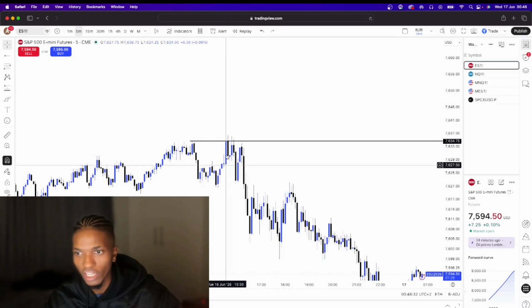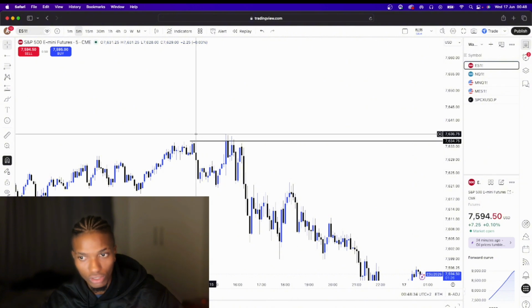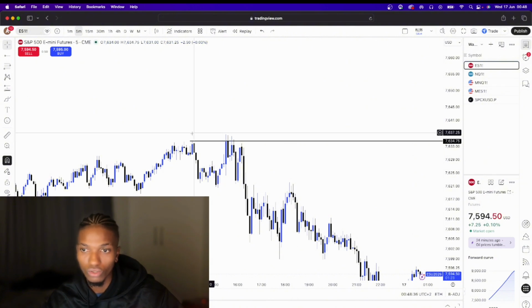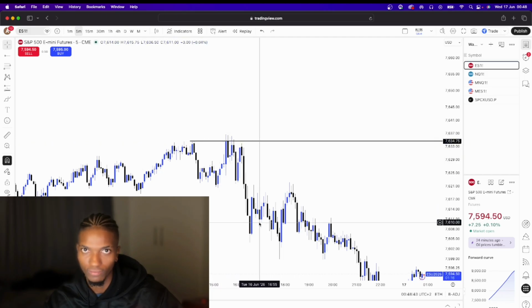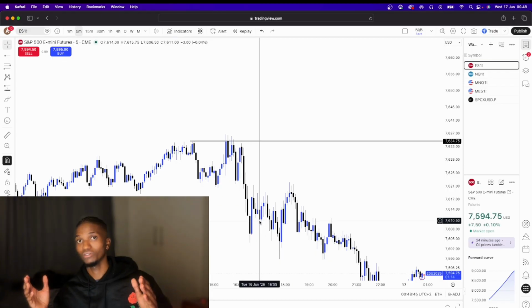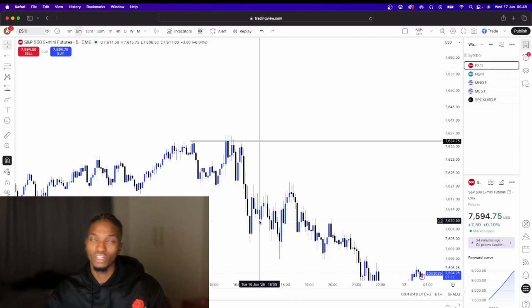So price came up, it hit their stop losses, or it filled those pending orders, right? And then what did it do? It moved in the opposite direction. Isn't it beautiful? This is what liquidity sweeps are, and this is what happened today during market open.